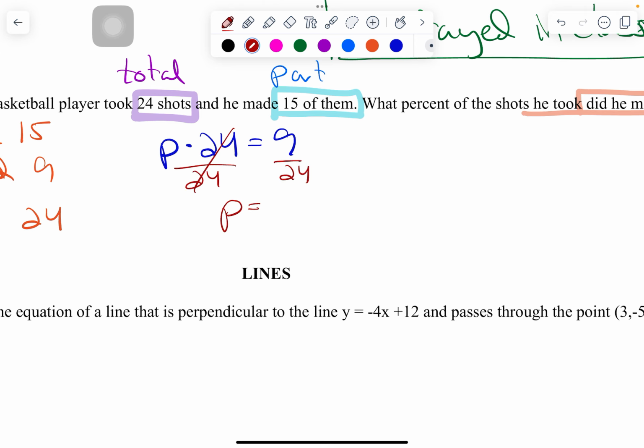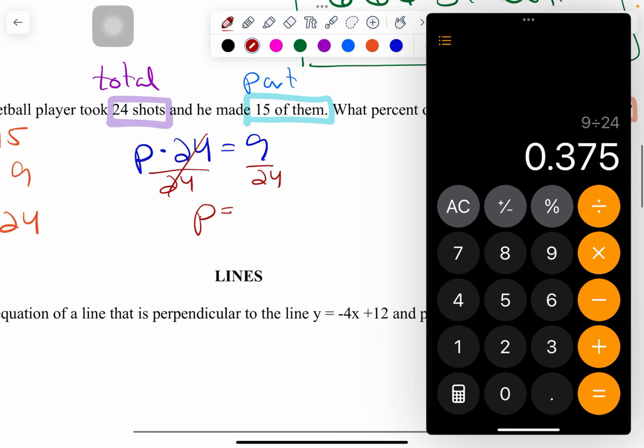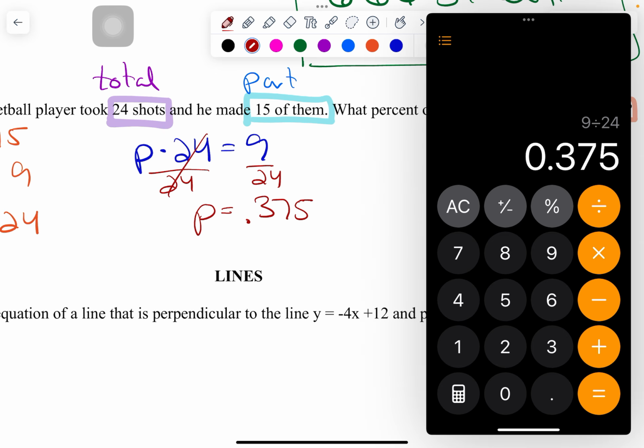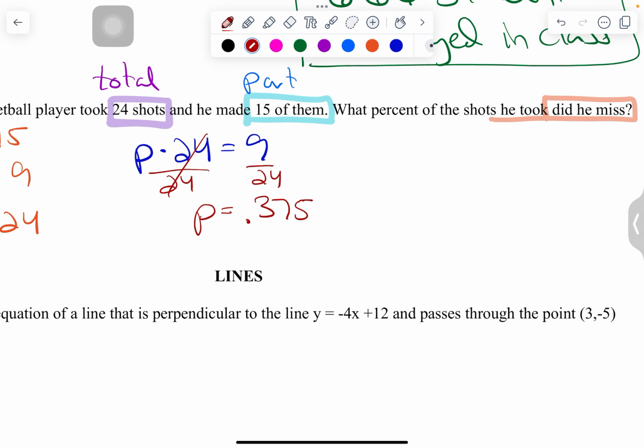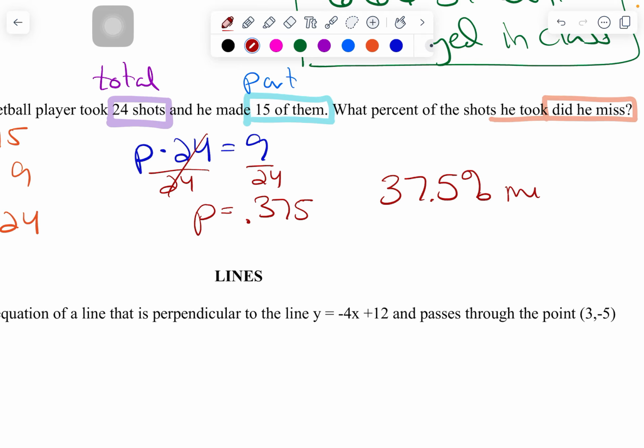So P is equal to 9 divided by 24, which is 0.375. Remember, this is the decimal equivalent. To turn the decimal into a percent, either multiply times 100, or I'm just going to move the decimal 2 places to the right. So that's 37.5% missed.